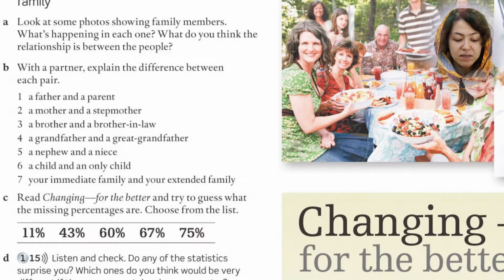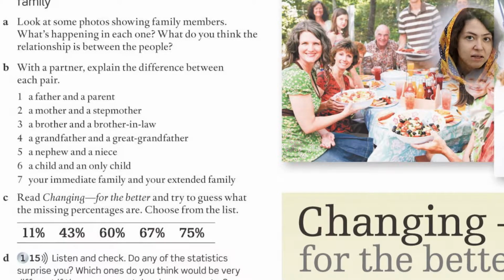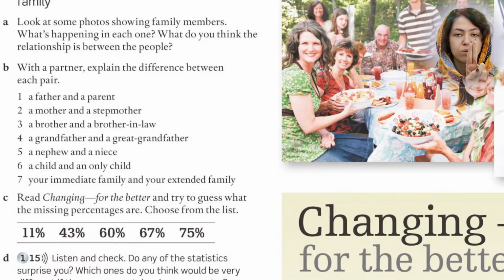Parent can be a mom or a dad, both of them. And if you want to consider them like two people as the same, we can say parents. My parents are very kind. It means my mom and dad are really kind.